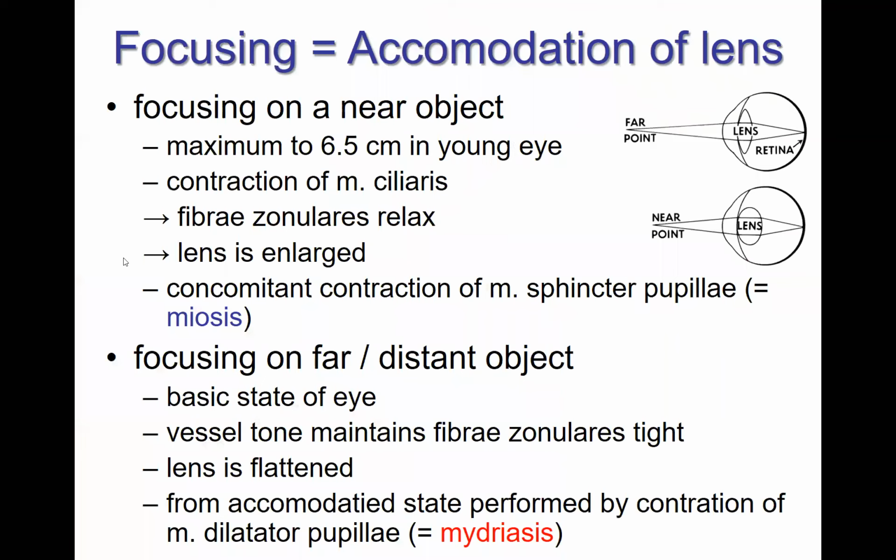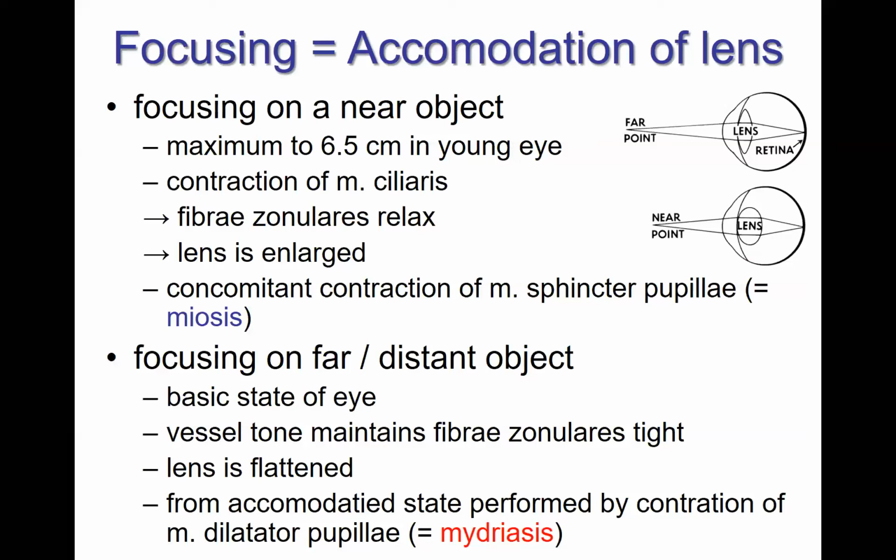So we continue. We have talked about the focusing. So do you have any question about that? If you would like to focus, what you do, you contract the ciliary muscle, the ciliary zonule will relax, the lens is enlarged, and you focus on near object. Yeah, you look at near.